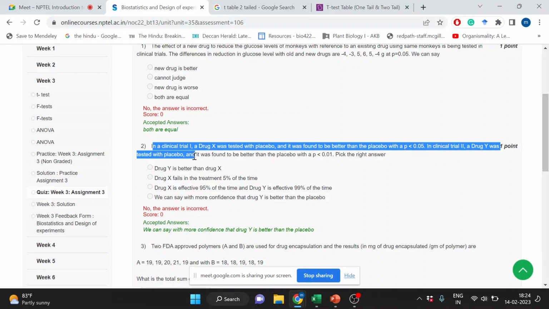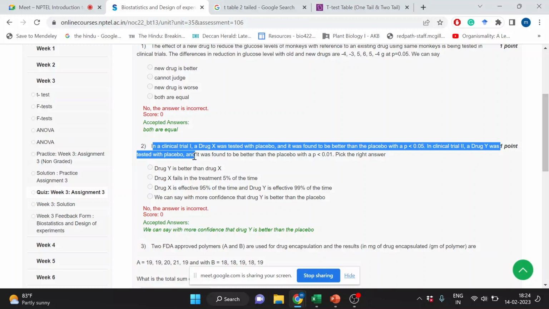Here, the p-value is not actually provided. In both the cases it is given as less than. So we cannot directly interpret this as A equal to B. This is my opinion. Also, p value does not tell whether one drug is better than the other.